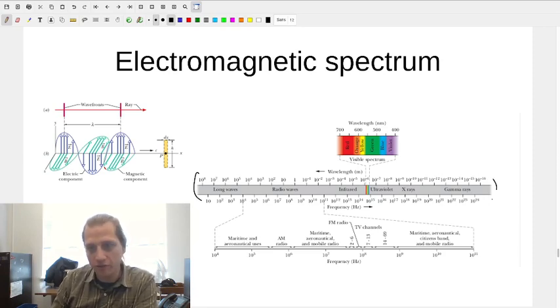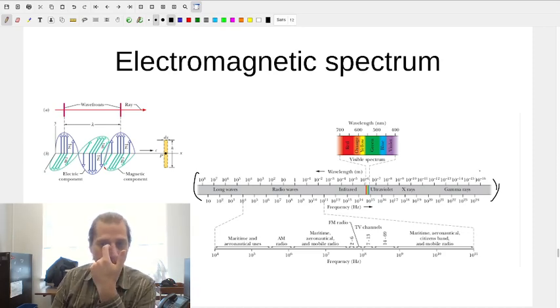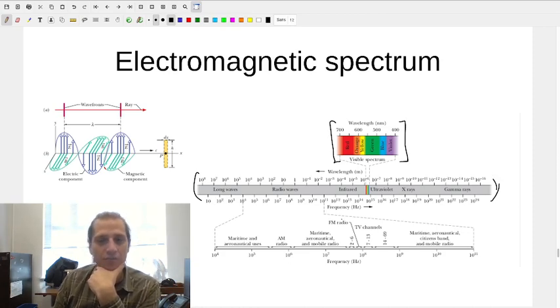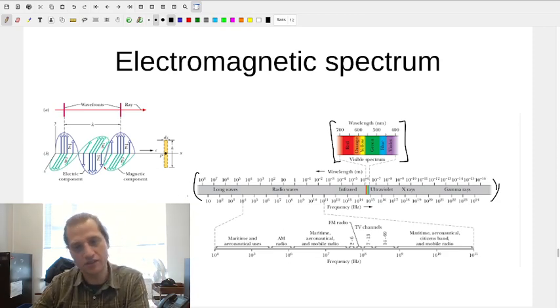You can have radiation where the wavelength is shorter than the size of an atomic nucleus, or you can have wavelengths that are the size of the Earth. So there's really a huge range, and our eyes are optimized only to see a very teeny little part of that, but we can use antennas and stuff to sense all the other ones.